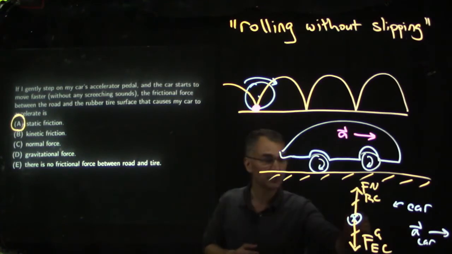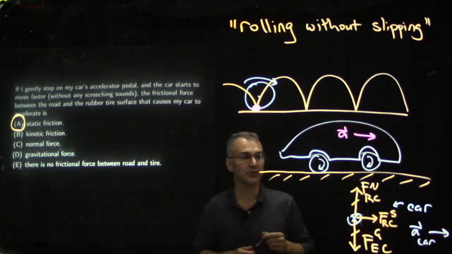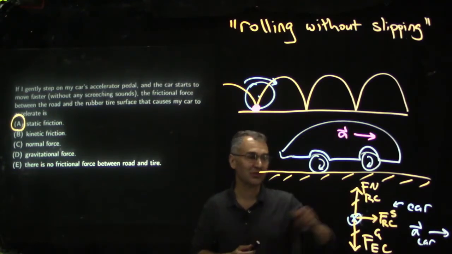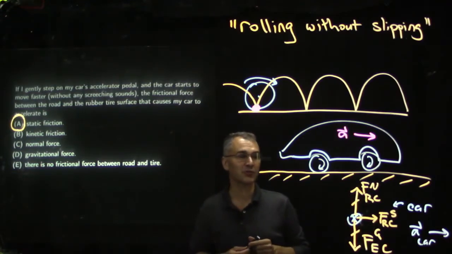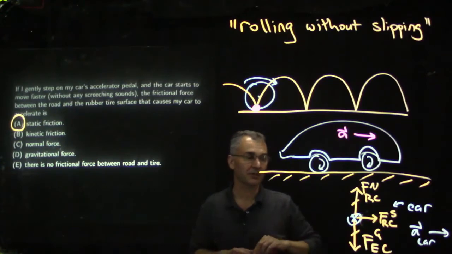And then there must be a frictional force. This is the force of static friction exerted by the road on my car. We can use an S for static friction, an N for normal force, and a G for gravitational force. Earth is exerting a downward gravitational force on my car.